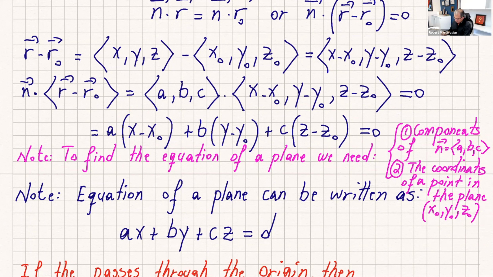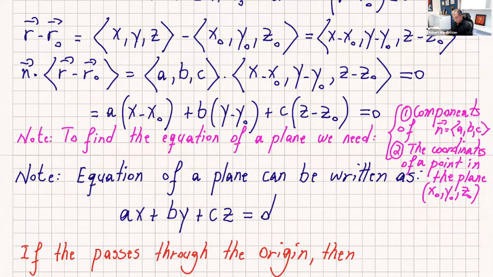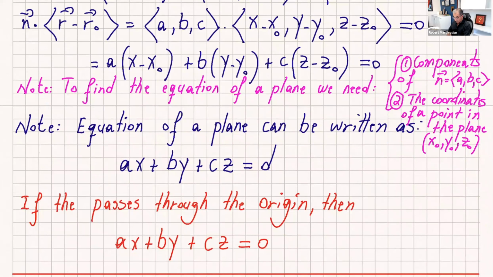If you want to find the equation of the plane, you need to find out the components of vector n, and you have to have a point in the plane so you can use this equation. So now if you simplify this, then you're going to get ax plus by plus cz equals d.